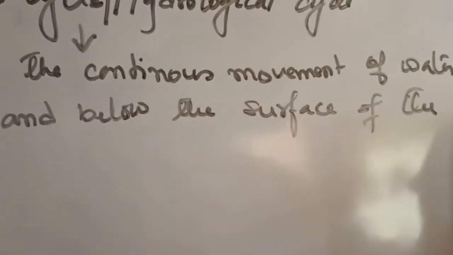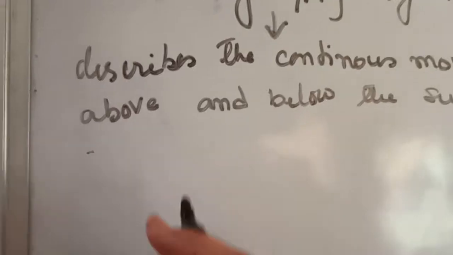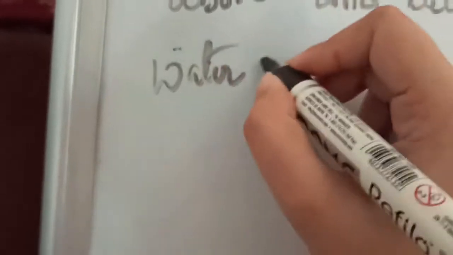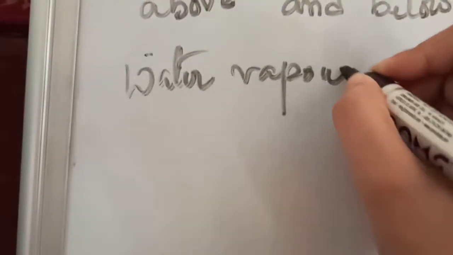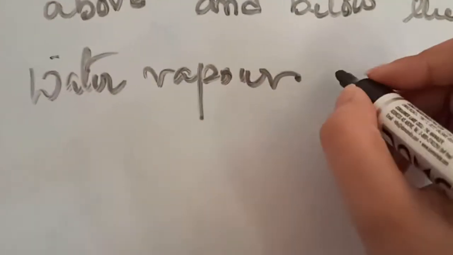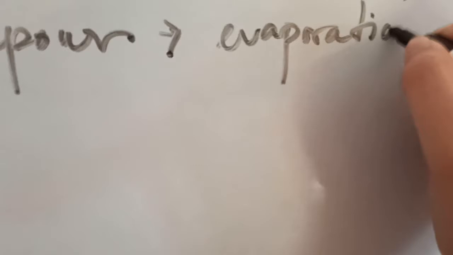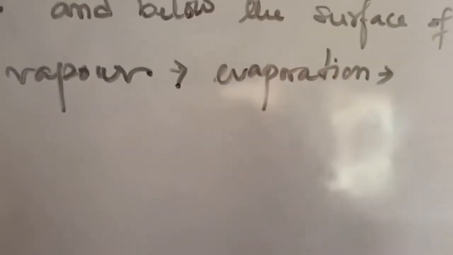First, at the initial stage of the process, water vapors are formed. How? Due to evaporation. How does the evaporation occur?